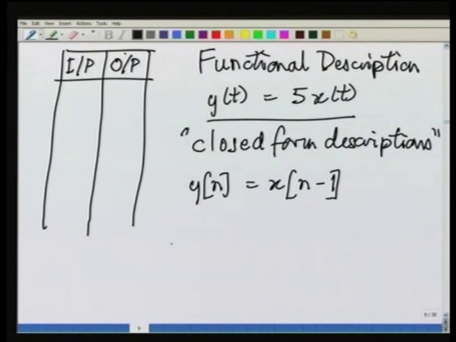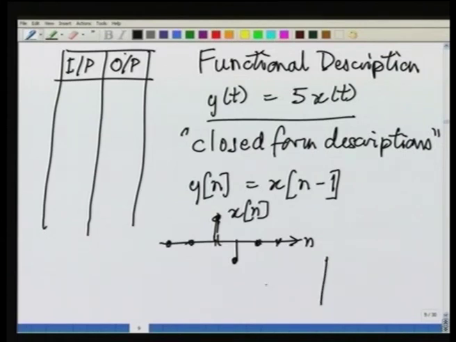That means, for example, if I have x[n] like this, let us say that this is x[n], then y[n] would start one point of time to the right, one unit of time to the right, and after that it would be the same as the first signal.